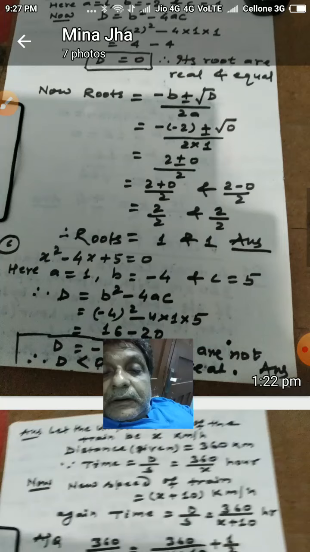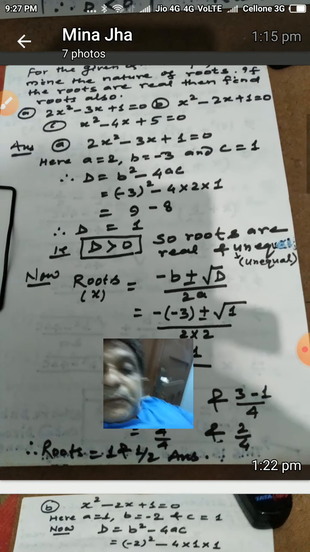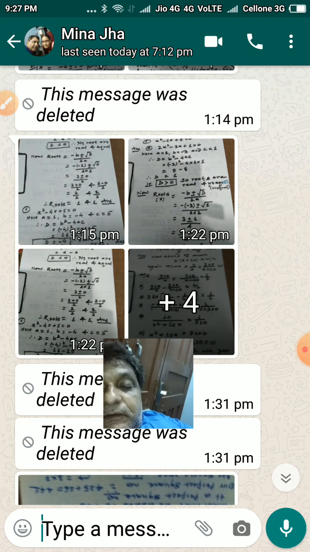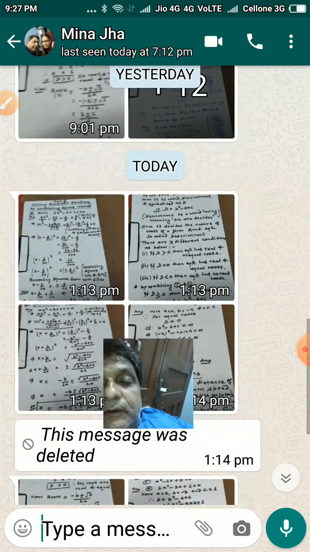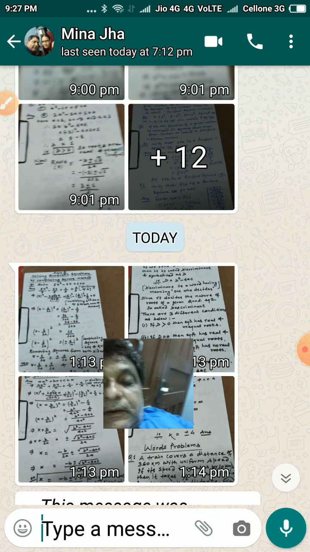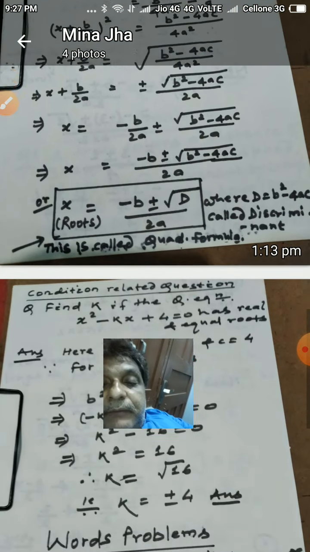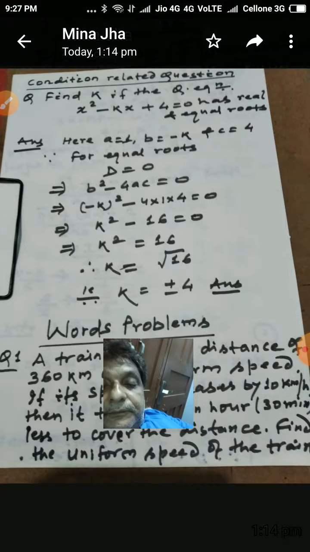Now students, we will see one question that is called a condition related question. So for that we just see one page here.